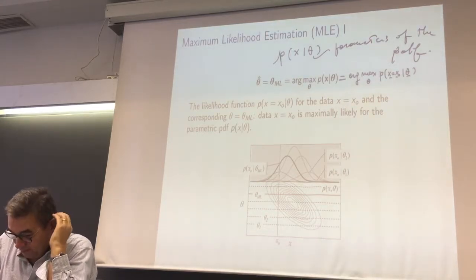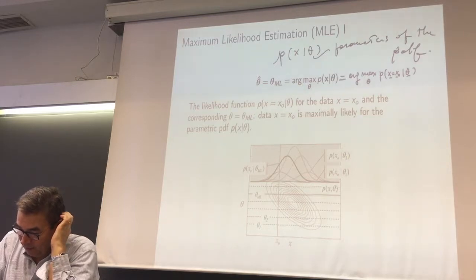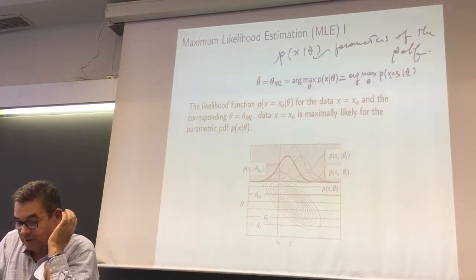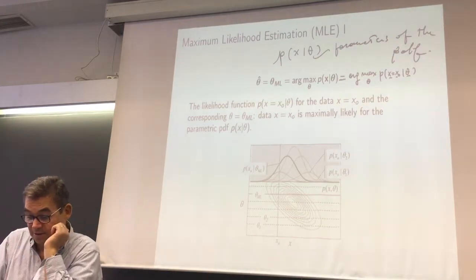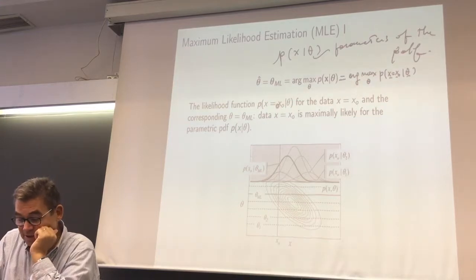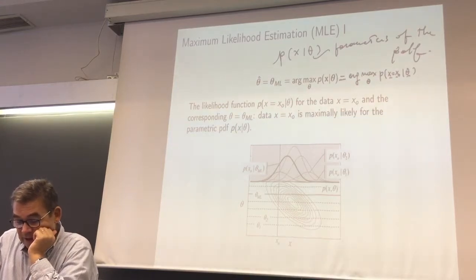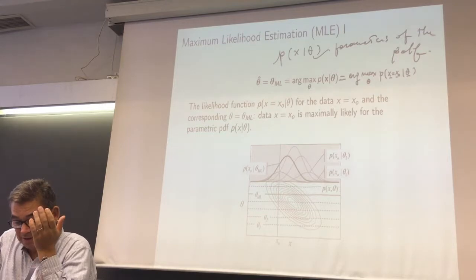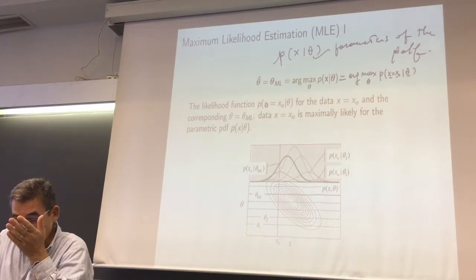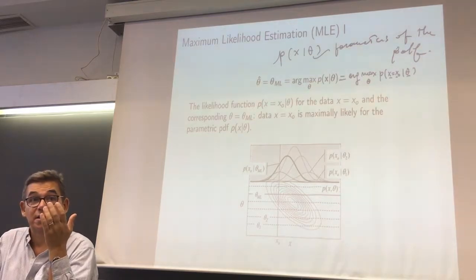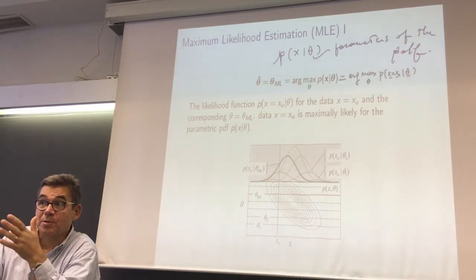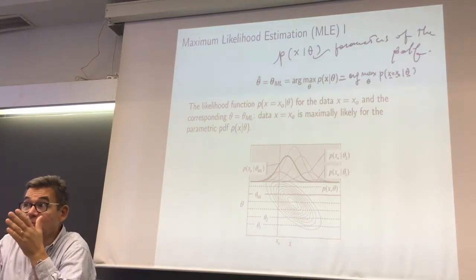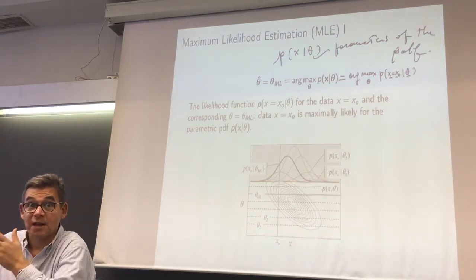That means that the likelihood function, which is the probability when I plug in my observation, so x equal x0, I can describe my probability as depending on x and theta in a generic sense. So if you think about it, it's a function of two values. One is theta and the other is x.